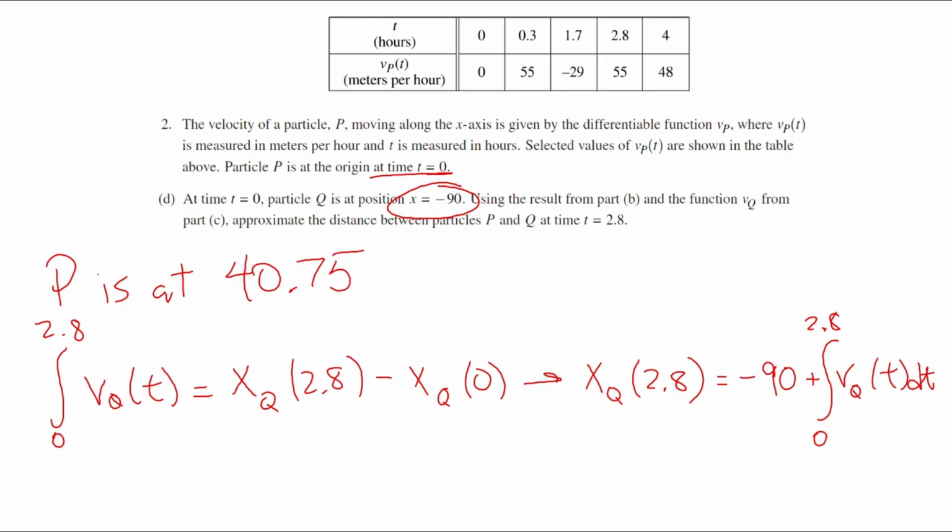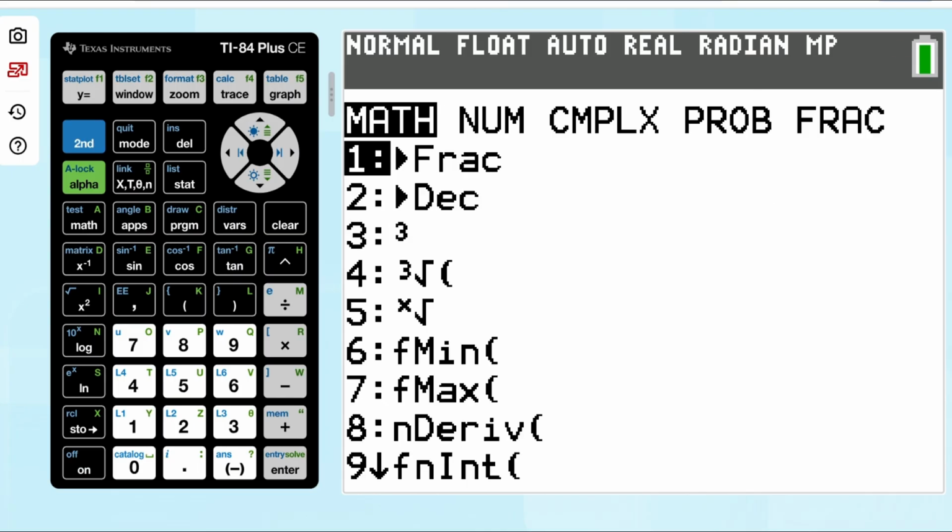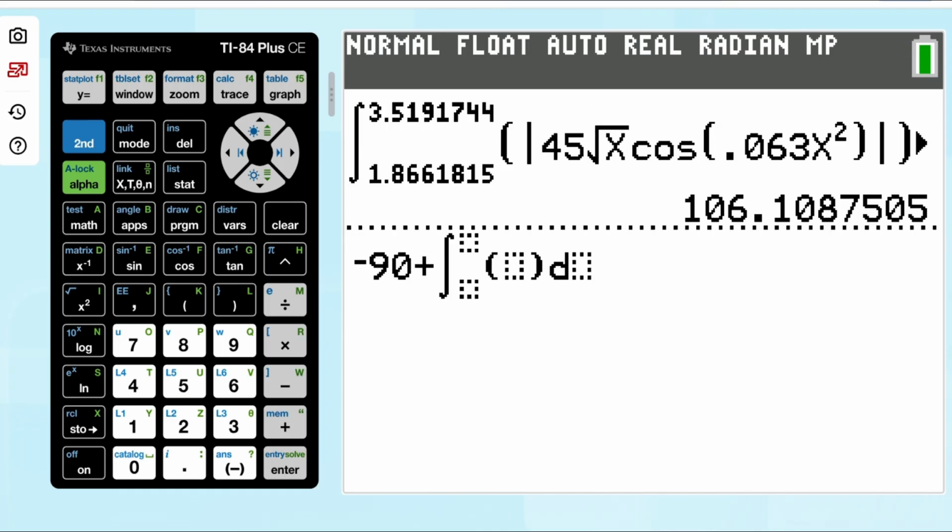And so we'll just go into our graphing calculator, and we will do negative 90 plus math, option number 9, the integral, and we're doing it from 0 to 2.8.